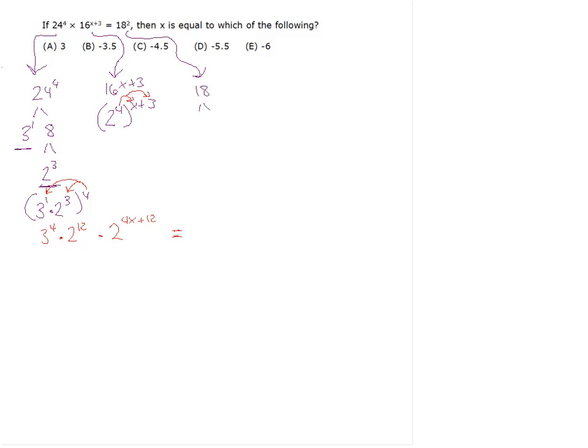We break that down. 9 goes into 18, so we can say that's a 9 and a 2. 9 is, of course, 3 squared. So we have 3 squared times 2 to the 1. And again, we can't forget the 2. And we distribute it. And that gives us 3 to the 4 times 2 to the 2.